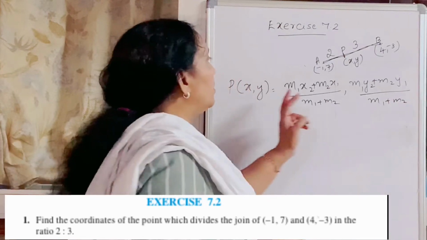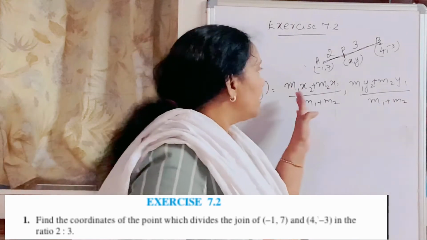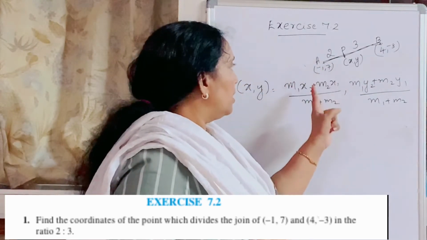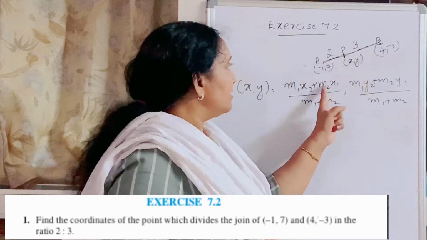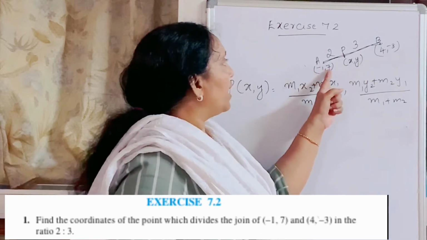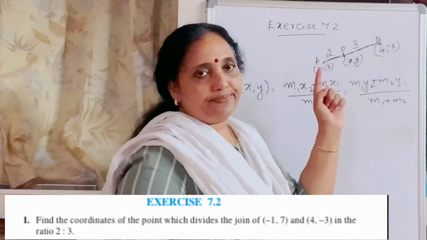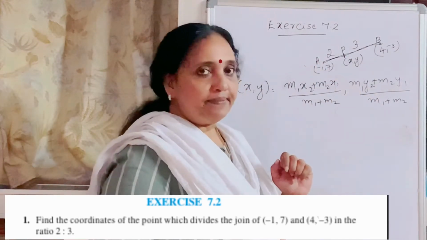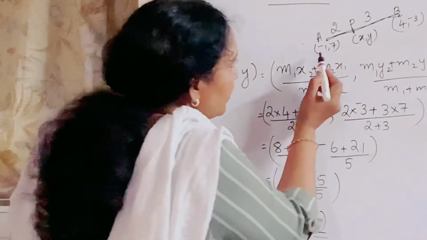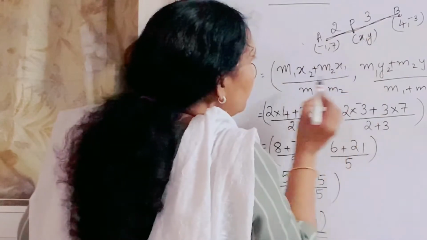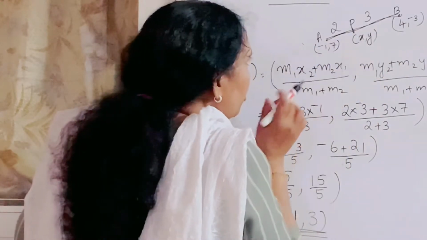Now you substitute the values in this formula. Here m1 is 2, then m2 is 3. Then x1, y1, x2, y2. Look here, this is x1, y1, x2, y2. This is m1, this is m2. Now substitute these values in the formula.